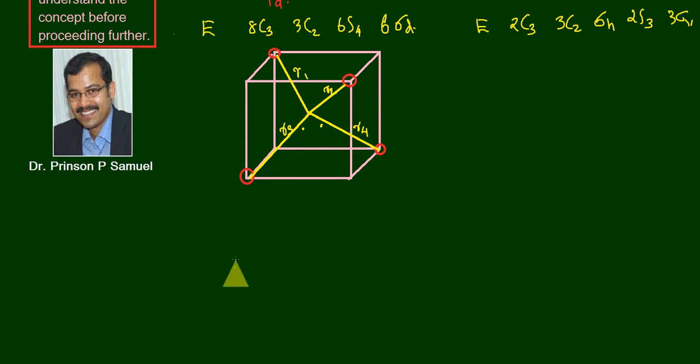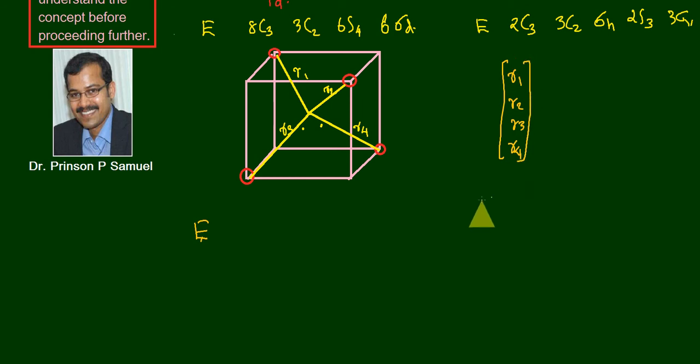During E, you know that actually nothing is happening in the molecule, right? So during this E operation, R1 is transformed as R1 itself. In every case, R1, R2, R3, and R4 are the bond vectors.